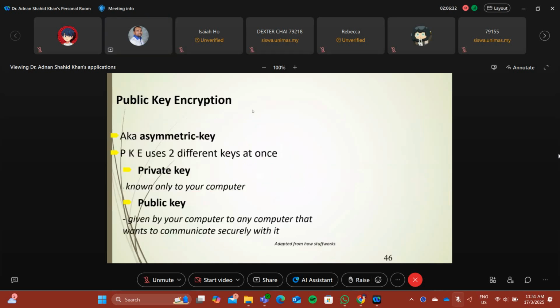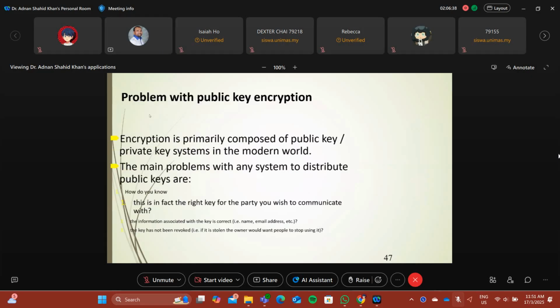For public key, the same thing. The problem with encryption in the modern world, which is primarily composed of public key and private key systems, is getting the right key for the party you wish to reach. This is the main problem with any system to distribute public keys: what is the right key?